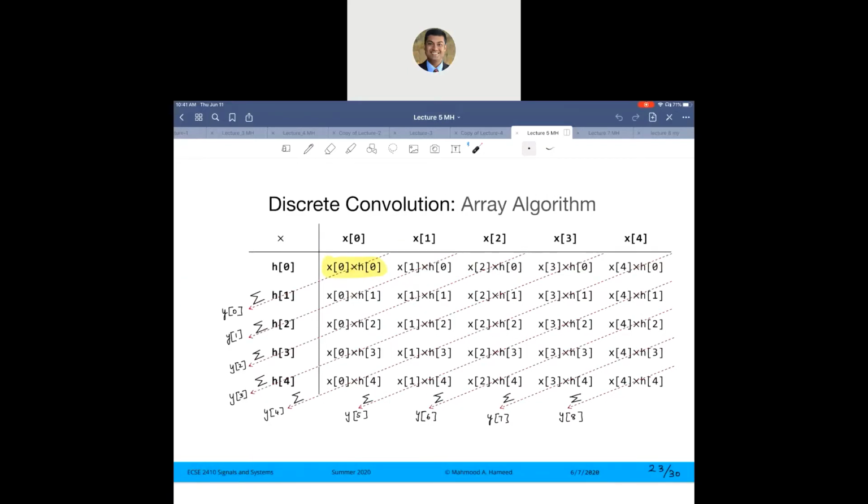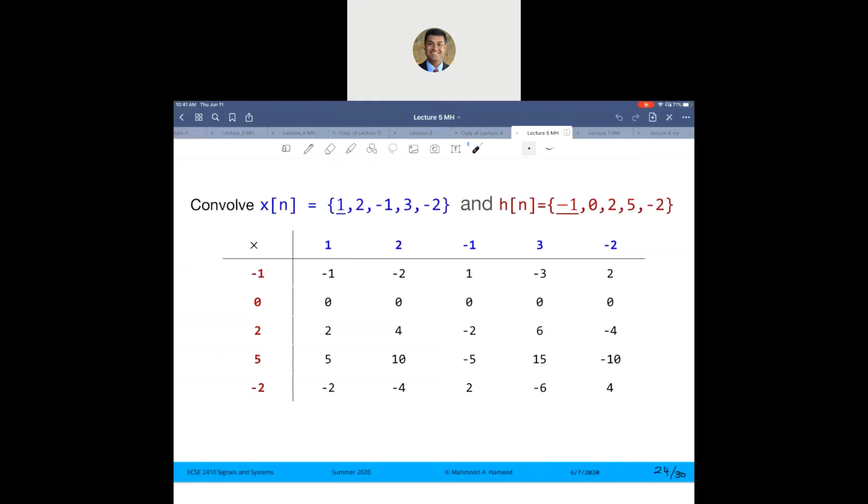This is again the same array in which we are shown the diagonals being computed. Next, let's work through an example here. One of the discrete signals that we need to convolve is x with 5 elements, and the underline is indicating that it corresponds to n is 0.